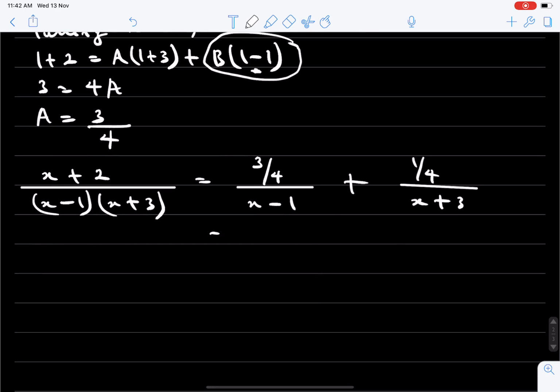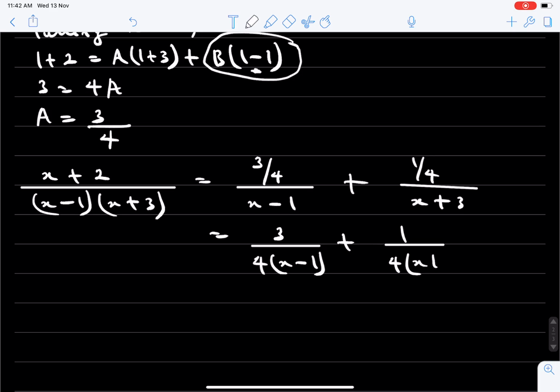And this is the same as 3 over 4 times x minus 1 plus 1 over 4 times x plus 3.